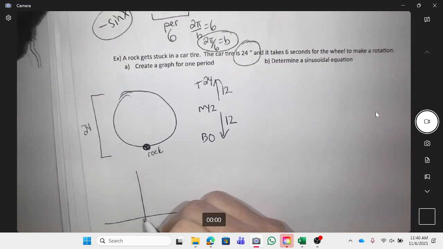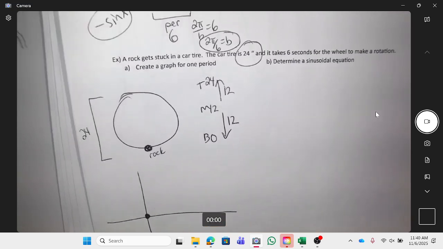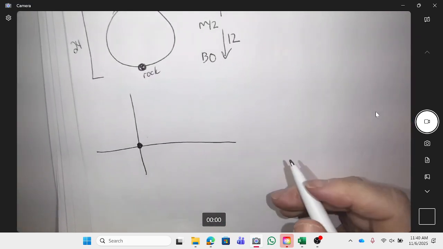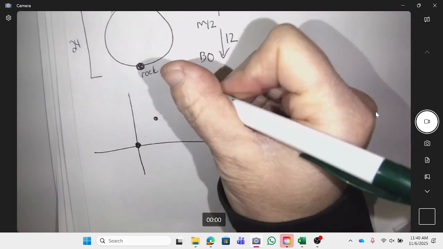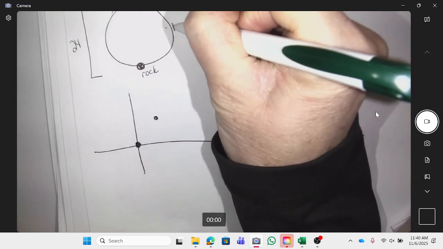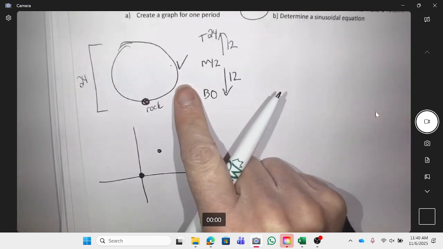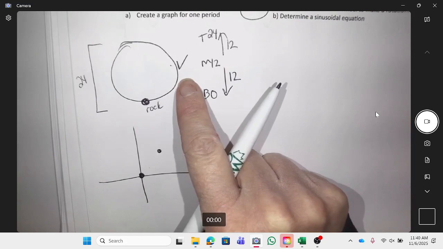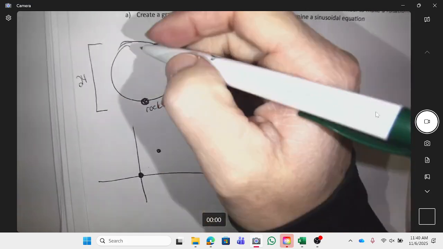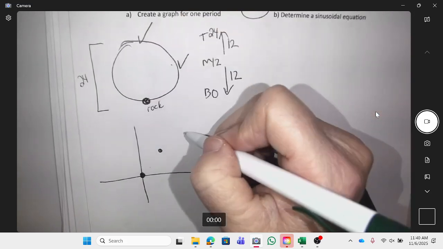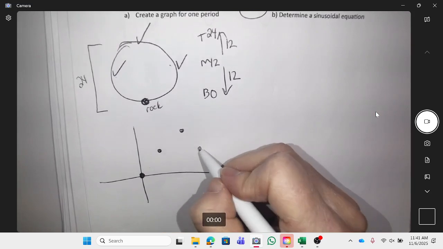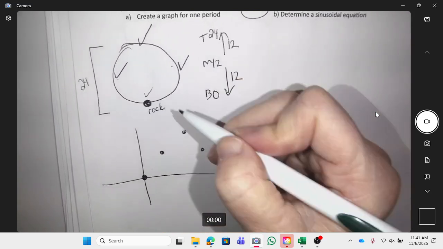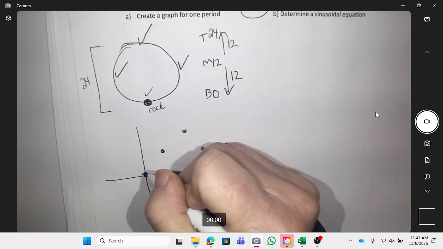So when I create a graph, I'm going to be starting at a height of 0, and then it's going to go to the height of 12, right there. The rock's going to go there, and then the rock's going to go to the top. Then the rock's going to go to the other side, and then it's going to go back to the bottom.